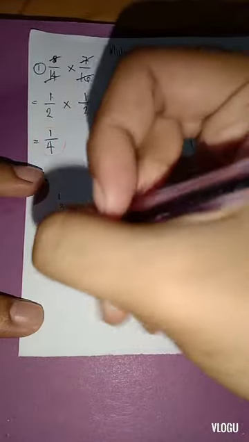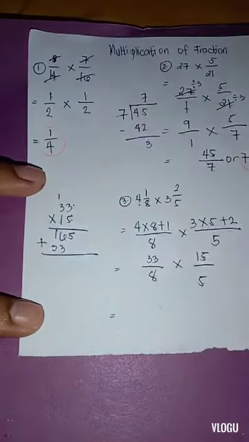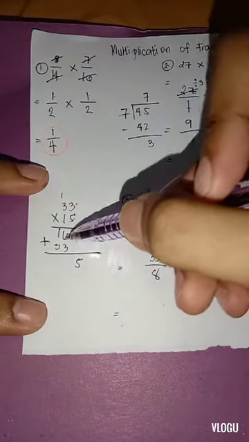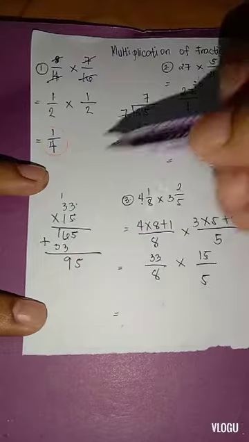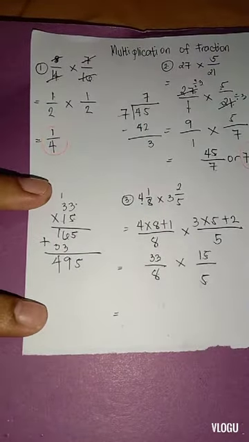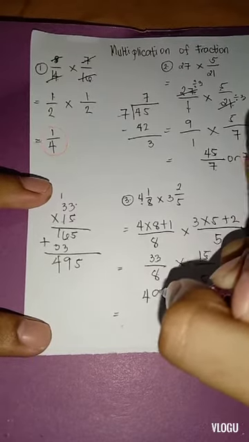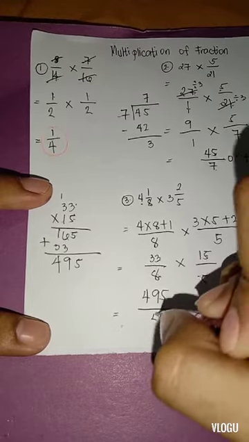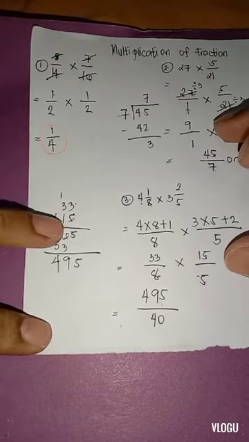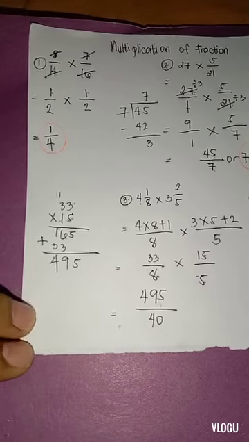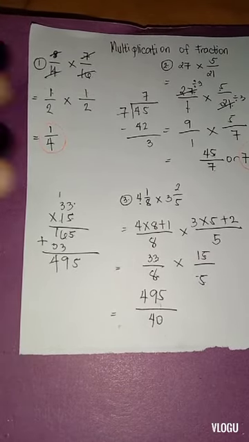So 1 times 3 is equals to 3, and the same with 1 times 3 is equals to 3. So add. So bring down 5. 6 plus 3 is equals to 9, and 1 plus 3 is equals to 4. So therefore, meron tayong 495 over. So 8 times 5 is equals to 40.